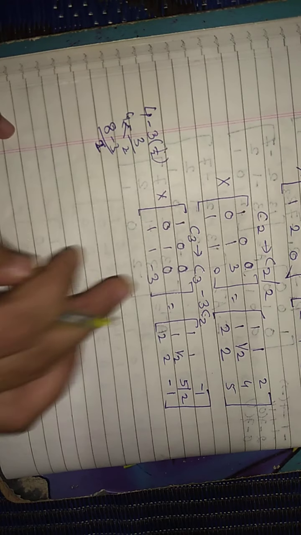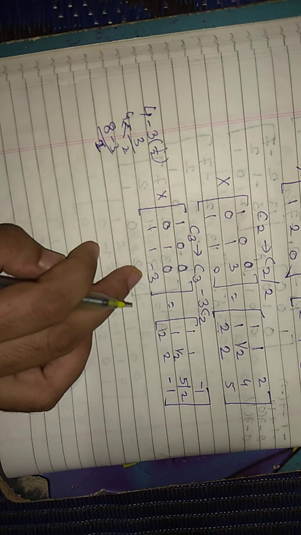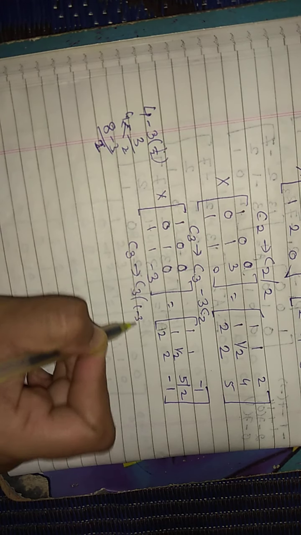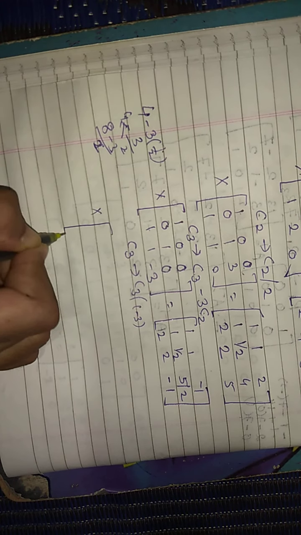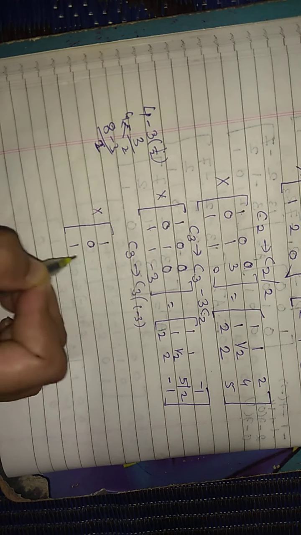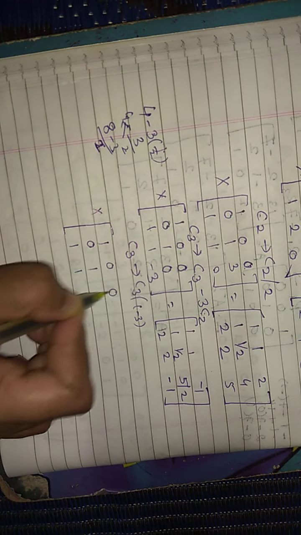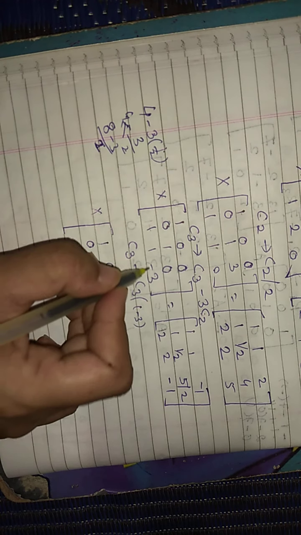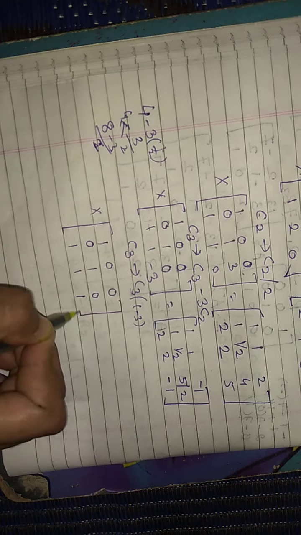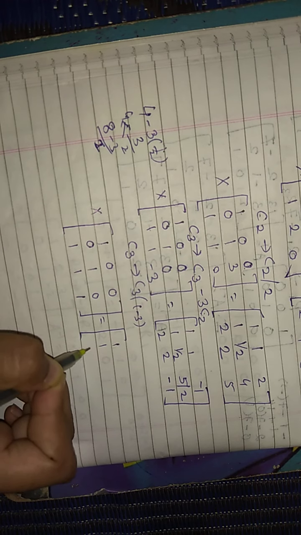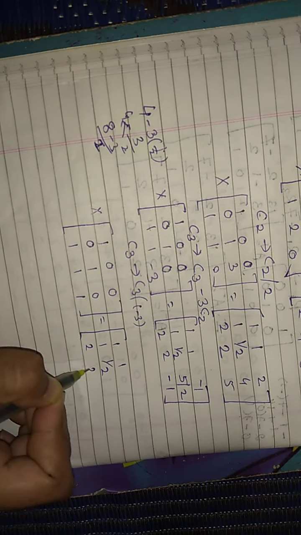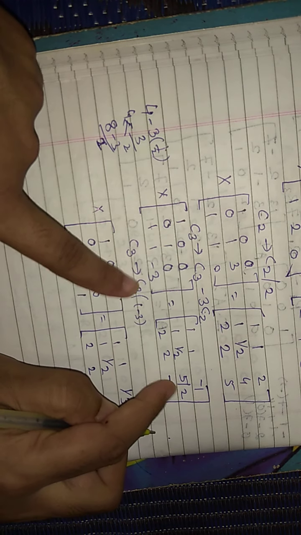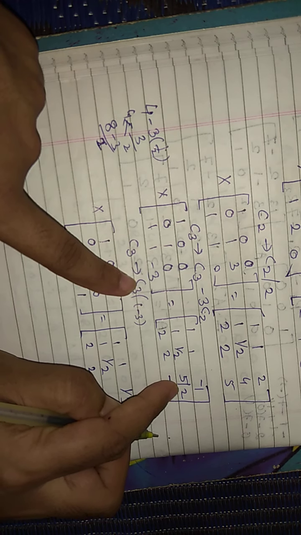The next step, minus 3 we have to convert to 1. So same number divided by same. So C3 changes to C3 divided by minus 3. X is equal to 1 0 1, 0 1 1, 0 0, divided by minus 3 remains 0, and minus 3 upon minus 3 is 1. 1 1 2, 1 1 upon 2 2, minus 1 upon minus 3 is 1 upon 3, 5 upon minus 3.